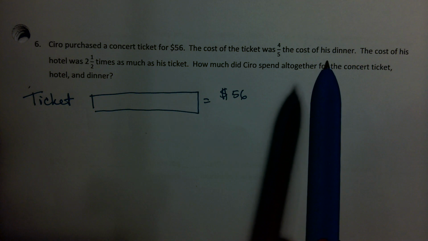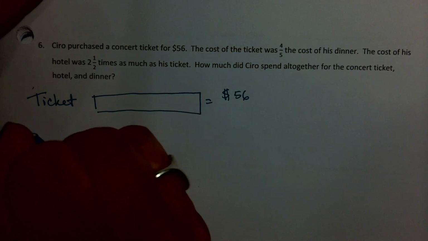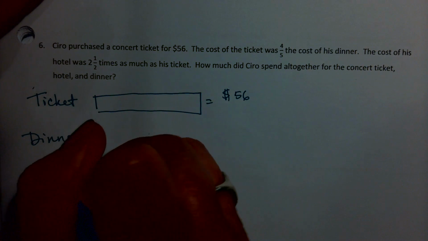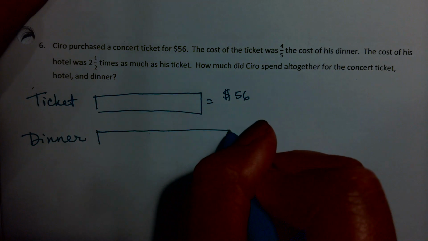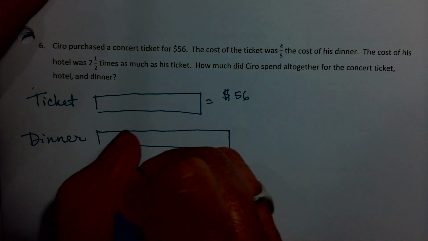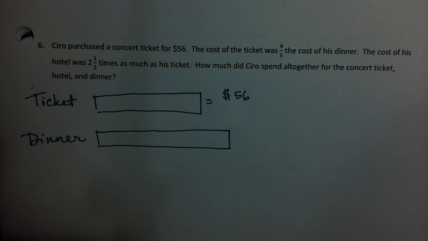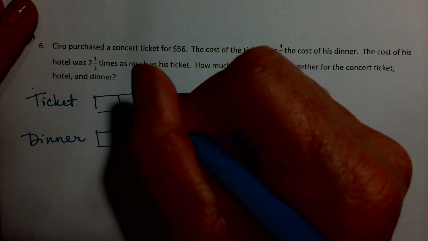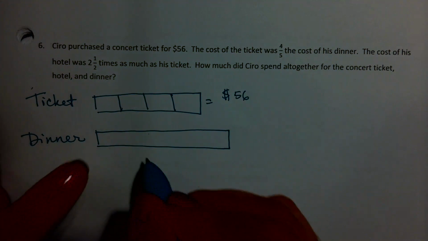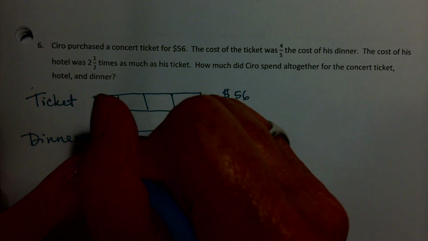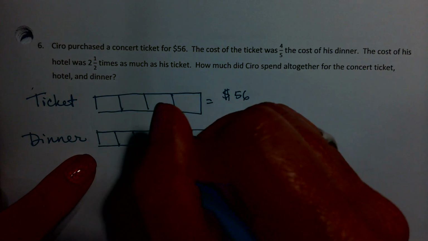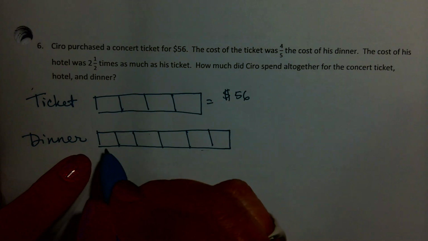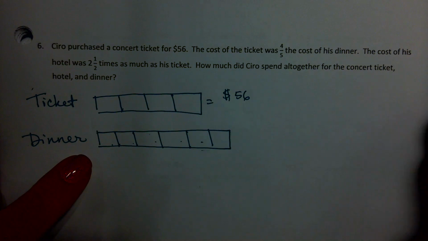Right? So let's go dinner here. And what do we know about the dinner? The dinner is going to be more than the ticket because the ticket is only 4/5. So 1, 2, 3, 4. And what are we going to cut this one up into? 5, right? 1, 2, 3, 4, 5. Whoops.